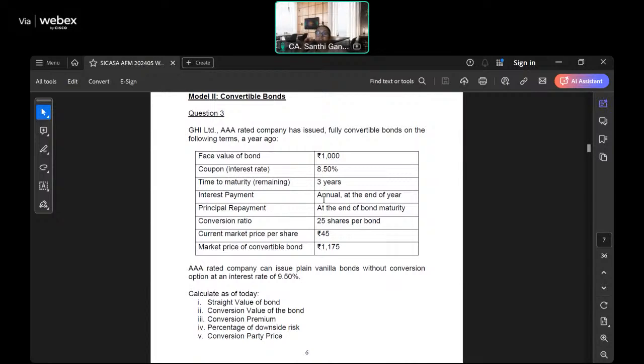Convertible bonds are bonds that can be converted into equity shares of the issuing company. So they give the bondholder the option to convert the bonds into a predetermined number of shares in the issuing company. So initially, they will act as regular bonds only.